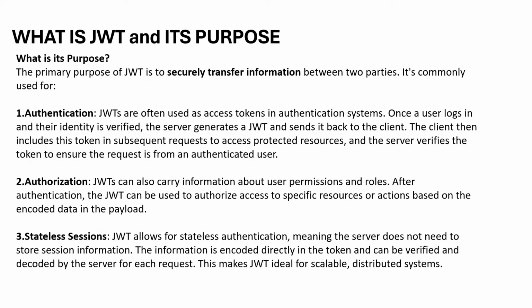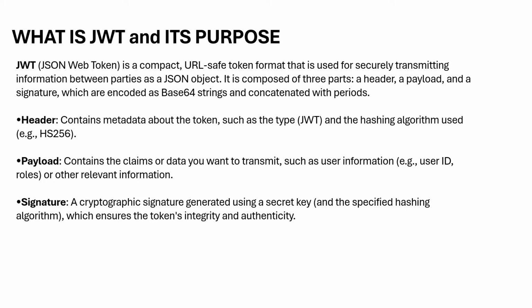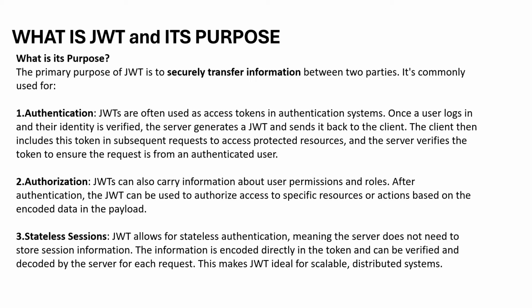So now, as you have seen, that is what JWT is. Now, let's understand deeper what the purpose is. The primary purpose of JWT is to securely transmit information. If you want to transmit information from server to client, it is very secure to use a JWT.